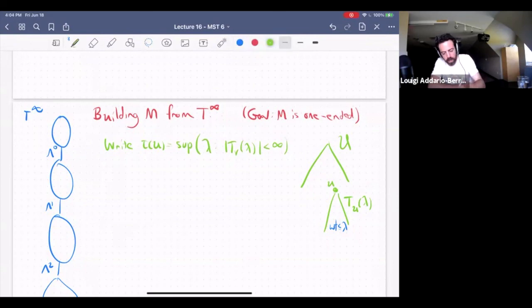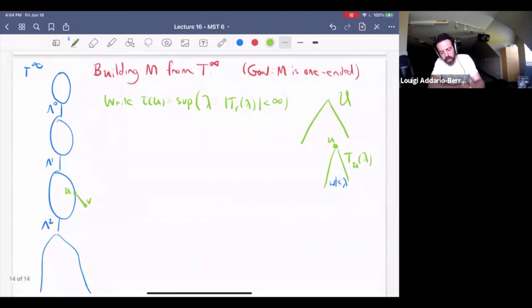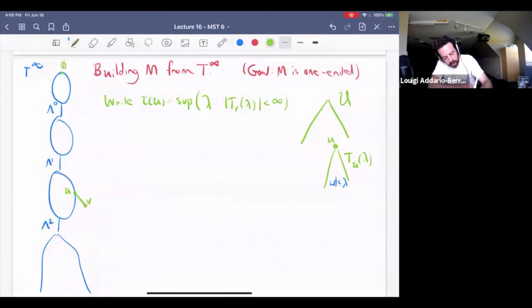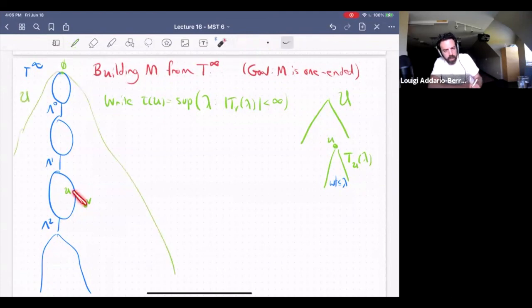Because if I look at an edge which goes from T infinity to the rest of the graph, T infinity is itself sitting within the Poisson-weighted infinite tree, right? This is U. If I want to understand whether or not this edge is going to get added when we go from T infinity to M, I need to know whether the subtree rooted at V is infinite when the parameter is this value here.